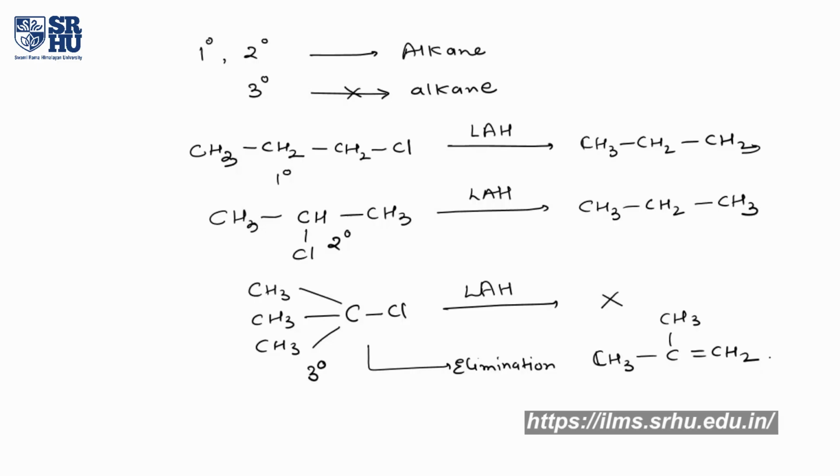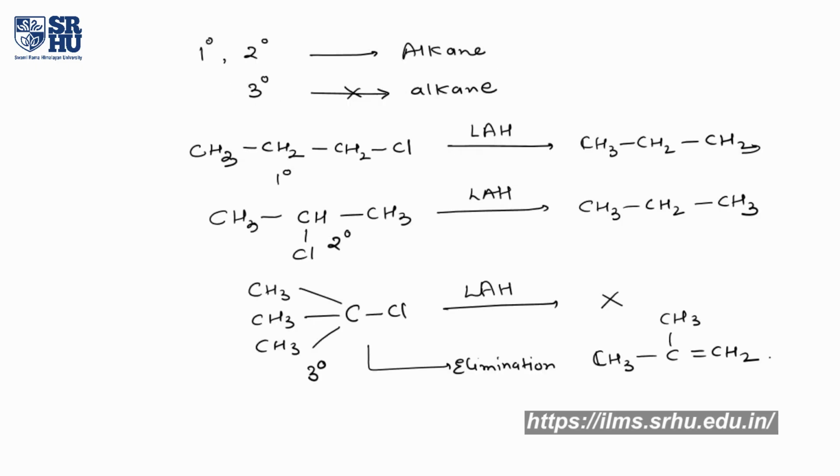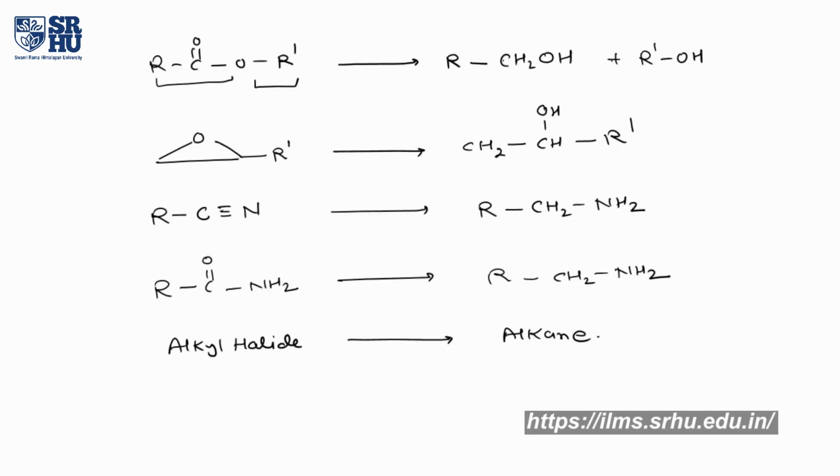Okay. Now the last conversion is, you can also convert lactones, which are cyclic esters, by lithium aluminium hydride, and you will get diol. As you know from the previous reaction, when ester was broken down, both the parts were converted into alcoholic groups.